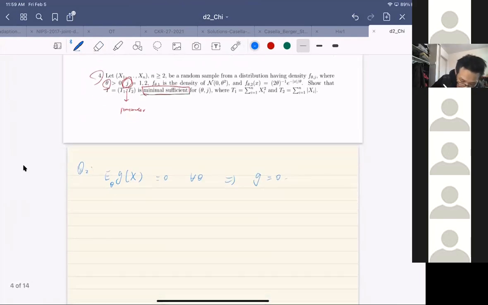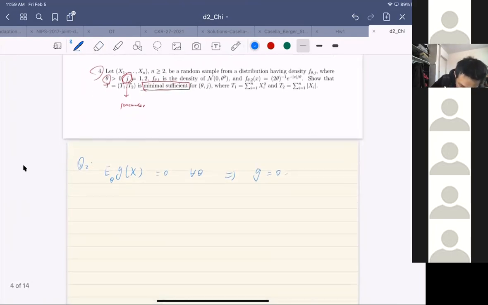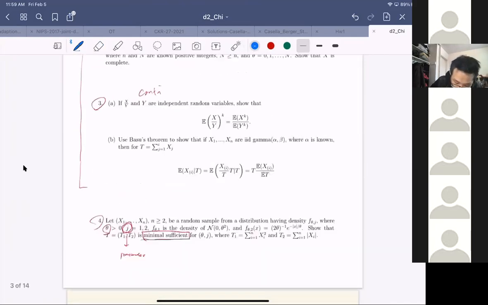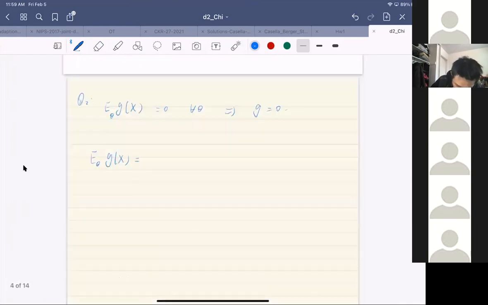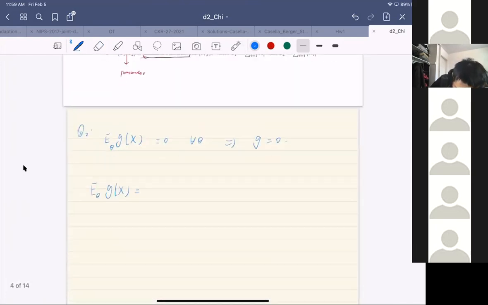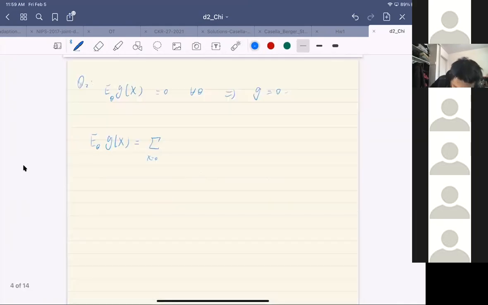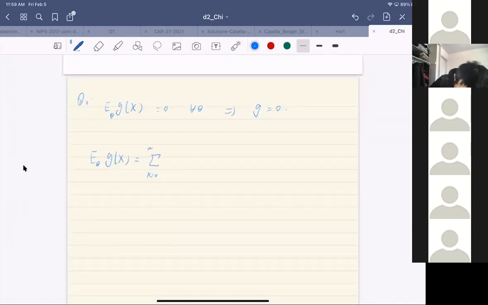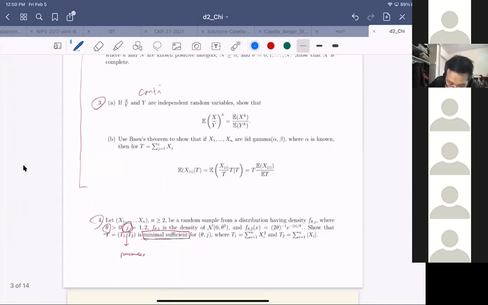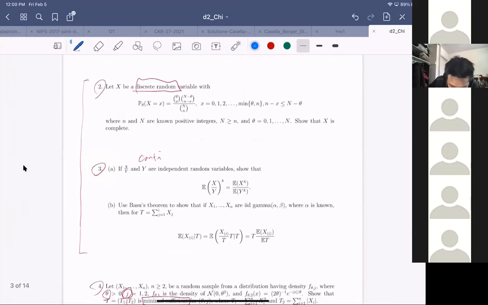Now this is equal to the summation over x from 0 to n.